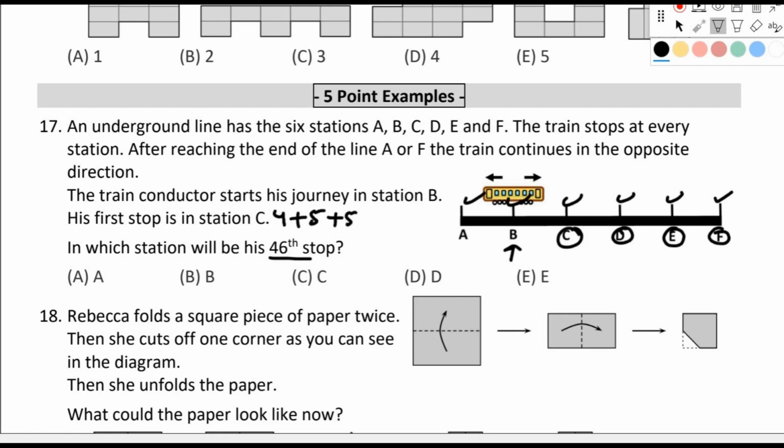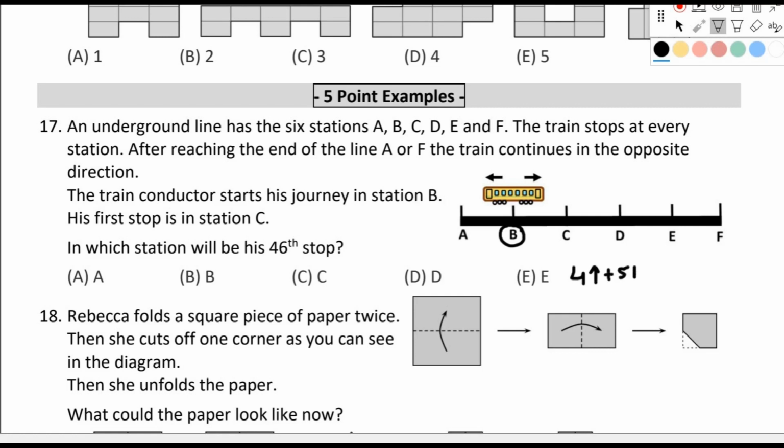I'm doing this up to the 46th number. I'm just writing so that we understand which is forward, which is backward. Because the conductor started from B, 4 steps forward, up arrow, then 5 steps back, 5 forward.